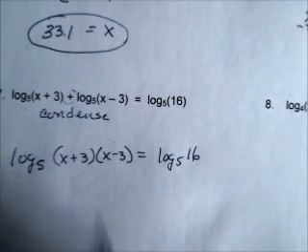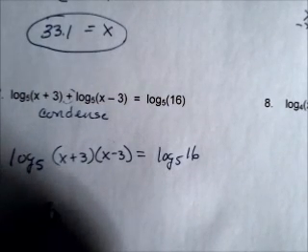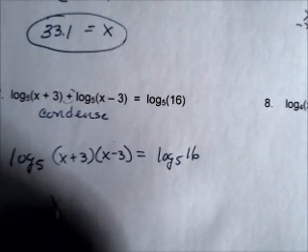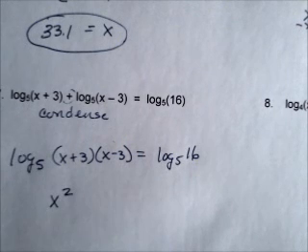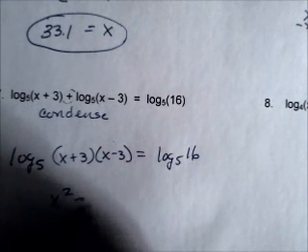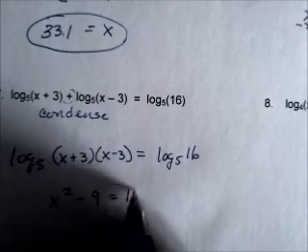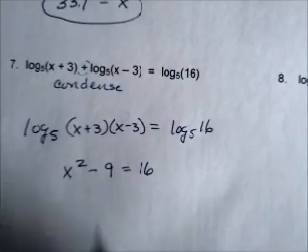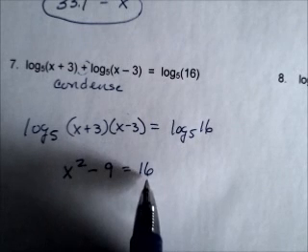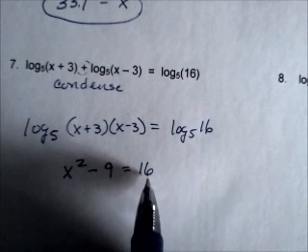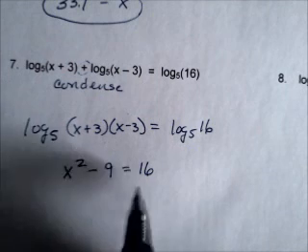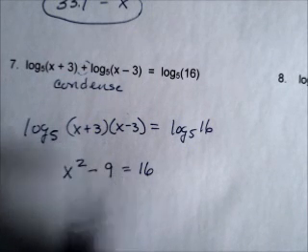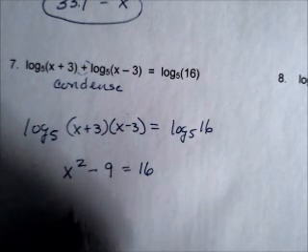I'll FOIL this at the same time. So I have x squared plus 3x minus 3x minus 9 is equal to 16. If I add 9 to both sides, I'll get 25. Or for those of you who prefer to factor, you would subtract 16 from both sides and get x squared minus 25.